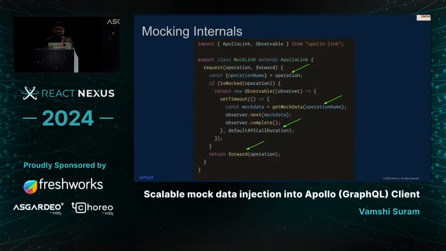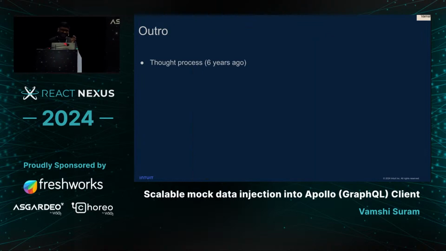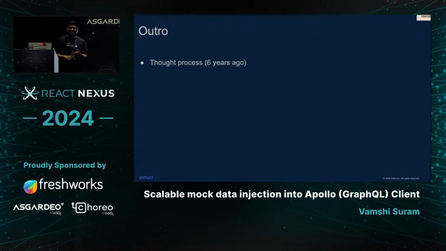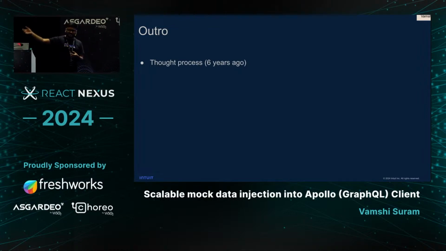That's it. Now, this thought process actually started 6 years back, when there was Apollo link state. I solved the problem only for myself, and I gave a demo of the product without backend, and it went live behind a feature flag. After 3 months, the backend was ready. So you look at the pace you can develop the front end.